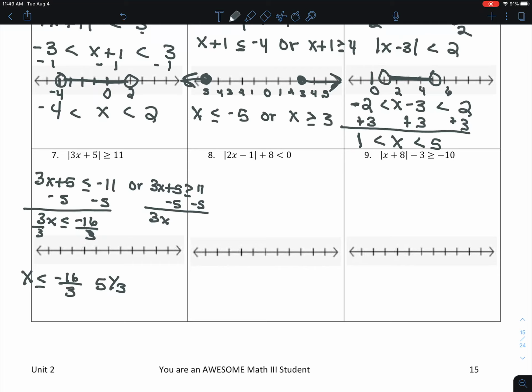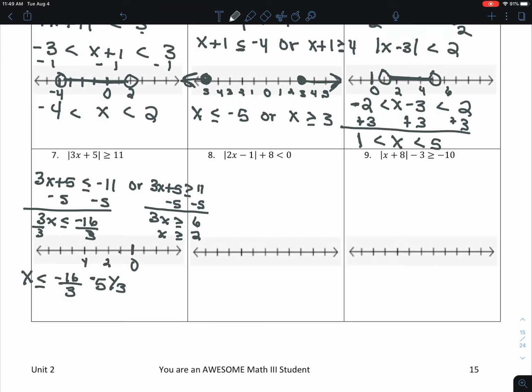So for the next one, I'm going to do the same thing. I subtract 5 from both sides. I get 3x is greater than or equal to 6. X is greater than or equal to 2. So I have negative 5 1/3 and 2. Let's start it about right here.